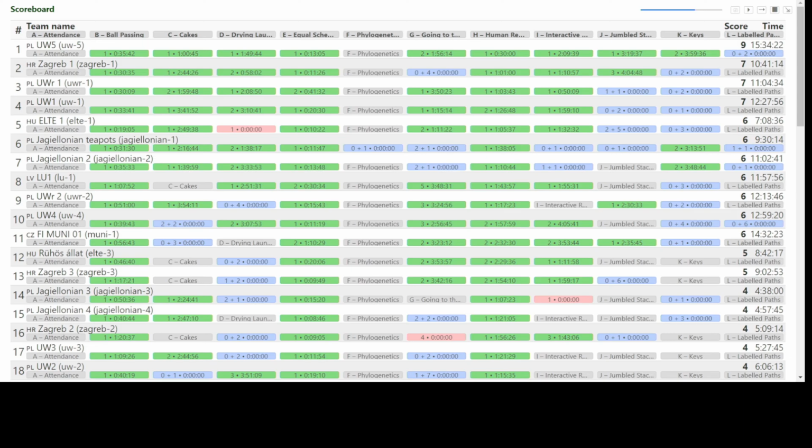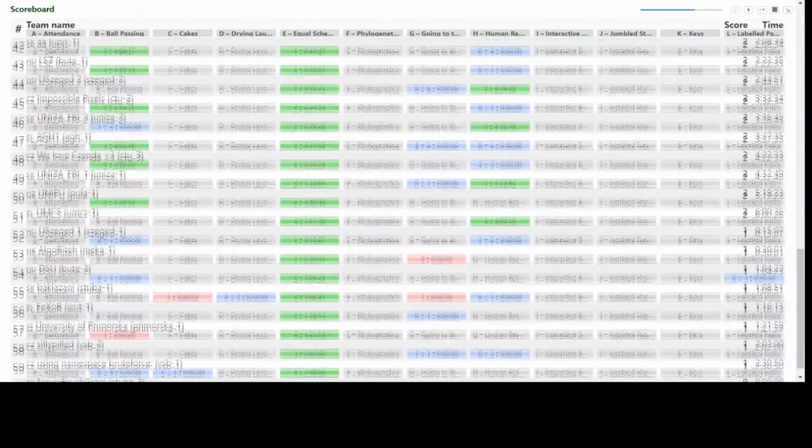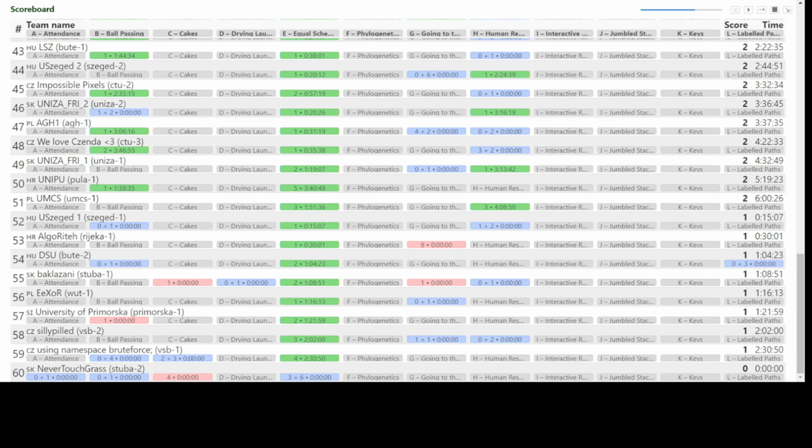Okay, smooth. So for now, we see University of Warsaw 5, Zagreb 1, Wrocław 1, Warsaw 1, and so on, and 9 problems in the top place. Okay, do we see row 60? Okay, perfect. So we will go a bit faster until the teams have 5 points, and then we'll go a bit slower.